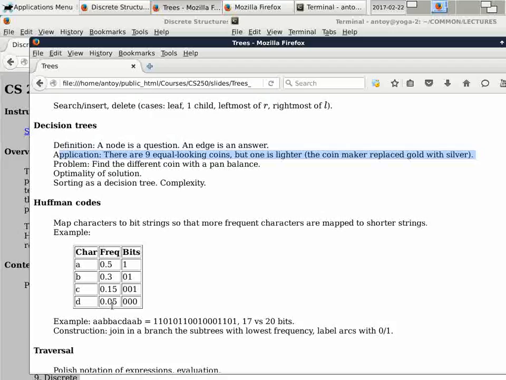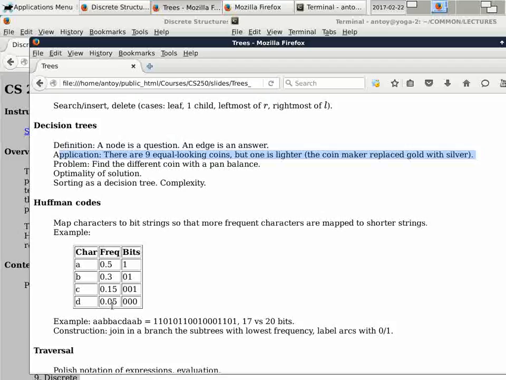All right? So how do we do this one? We start with a tree consisting of each letter. So I have a tree made by A, a tree made by B, a tree made by C, and a tree made by D. All right?